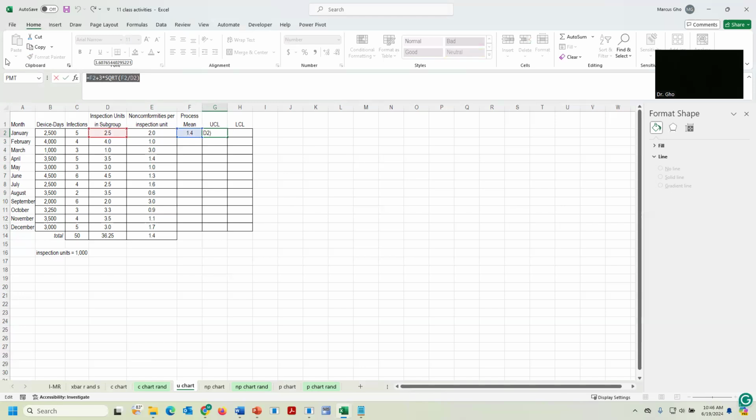The difference between 2 or 3 standard deviations: if you're looking at 2 standard deviations, then you want your upper and lower control limits to be at least 95% in there. If you're looking at 3 standard deviations, that broadens up.